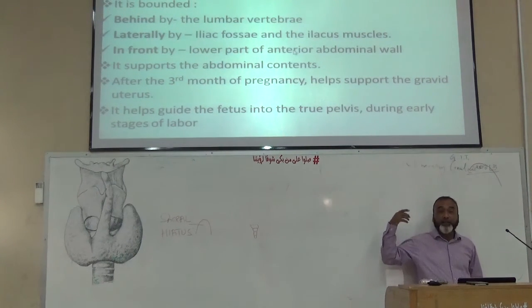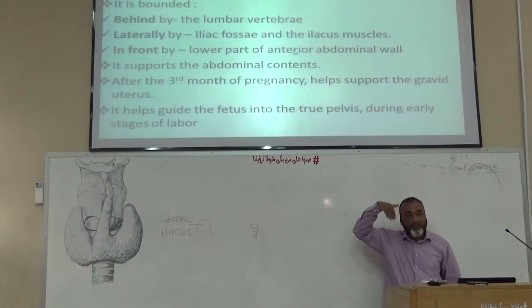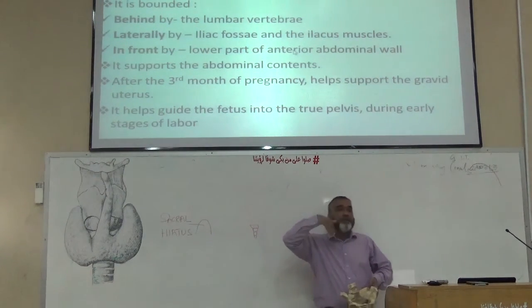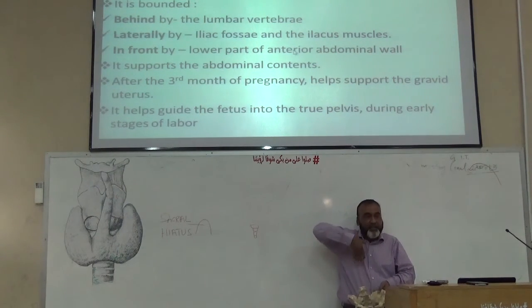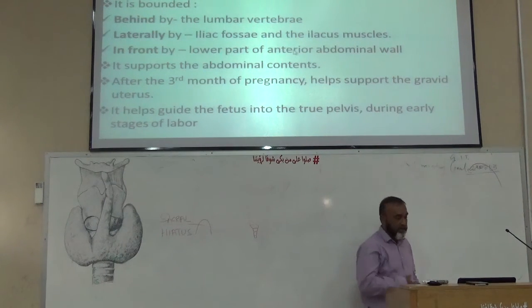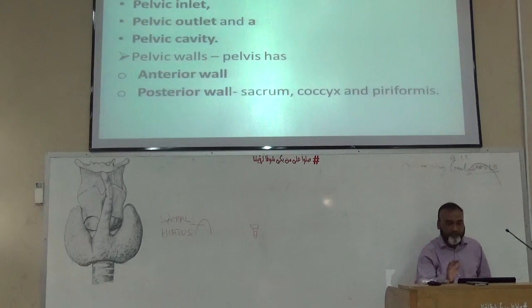After the 3rd month of pregnancy in the female, it directs the passage of the head of the fetus from the false towards the true pelvis, and it also supports the gravid uterus during the period of pregnancy. So it has multiple functions.